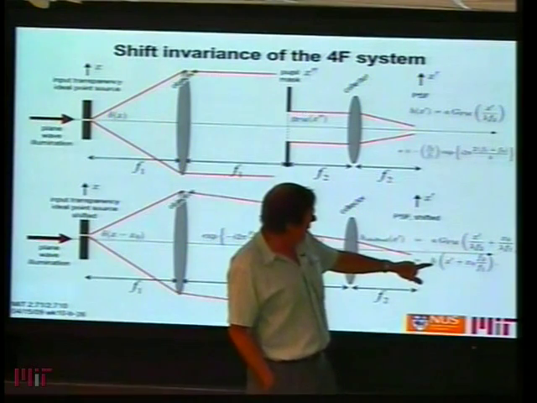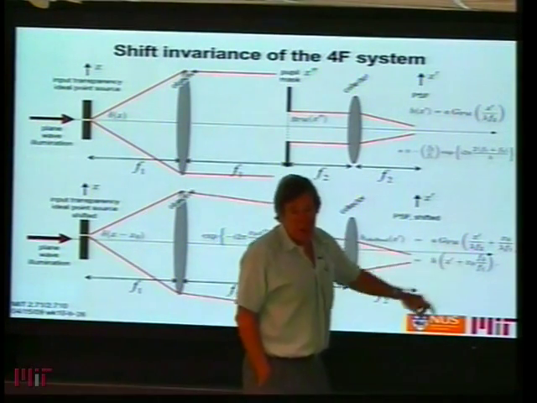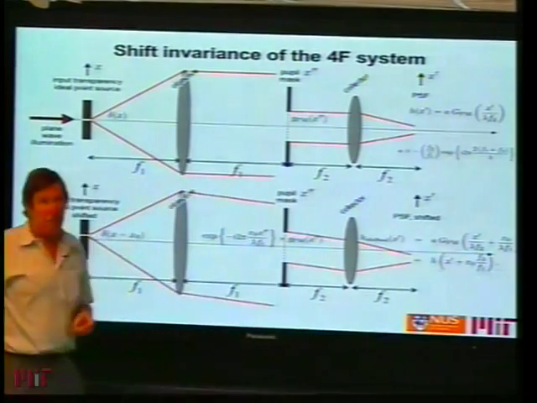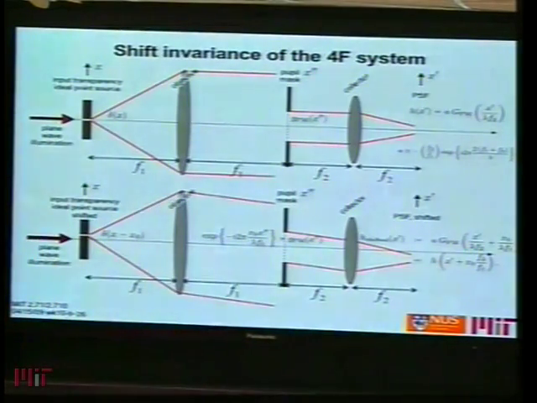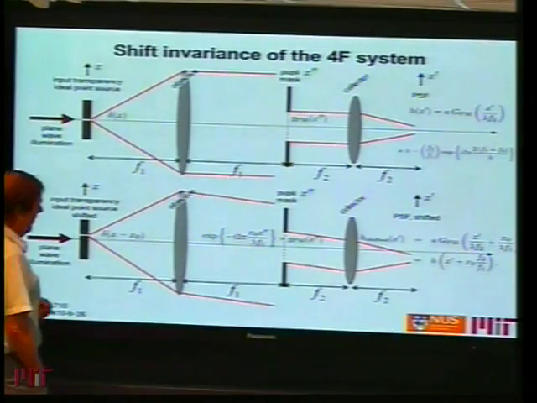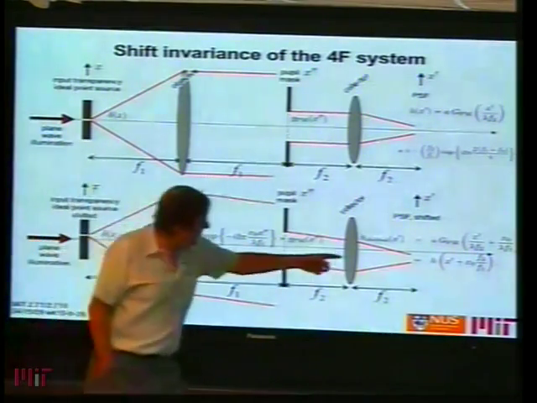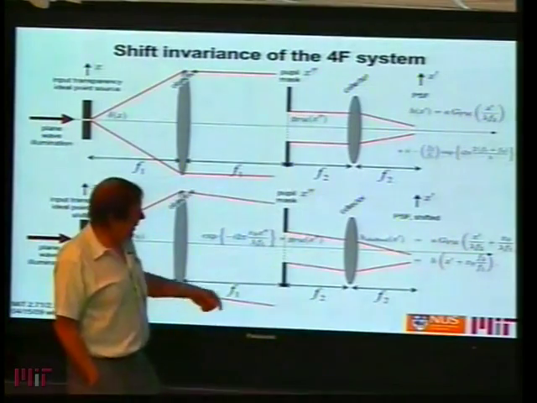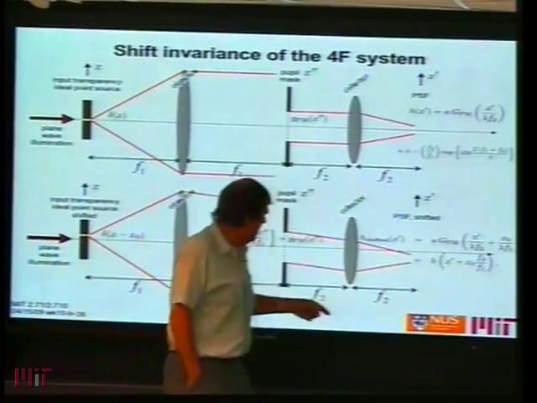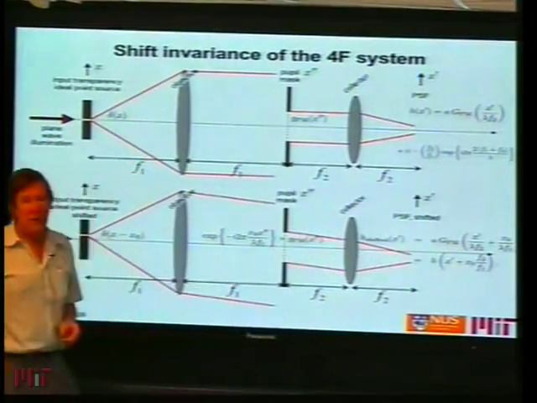The amplitude is exactly the same as it was before, but it's shifted. So this is what we found before when we looked at the image. You remember this inverted magnified image. The inversion means that it's the opposite side of the axis. The scaling is this f2 over f1, which comes about from the fact that the focal lengths are not equal.